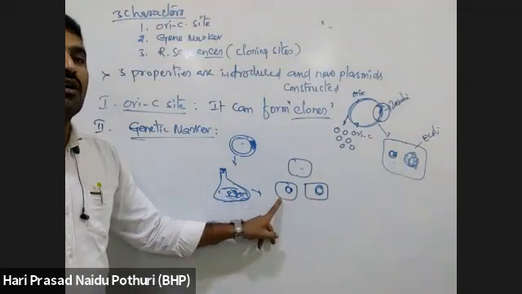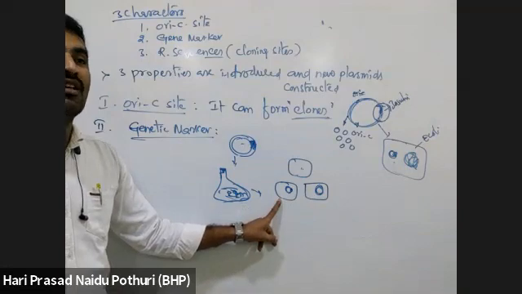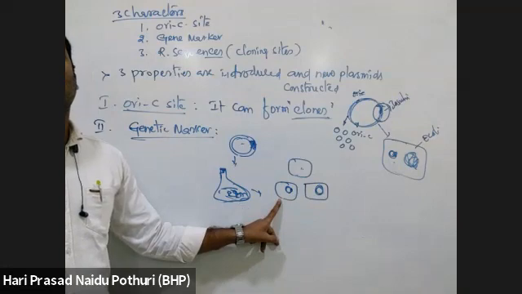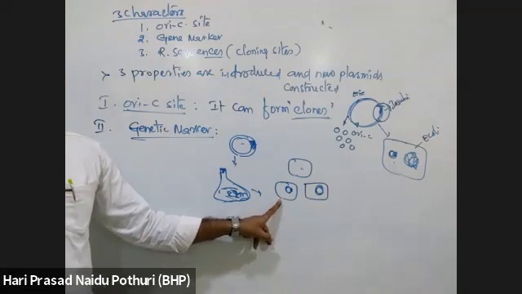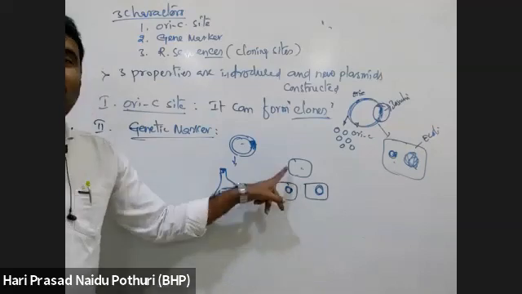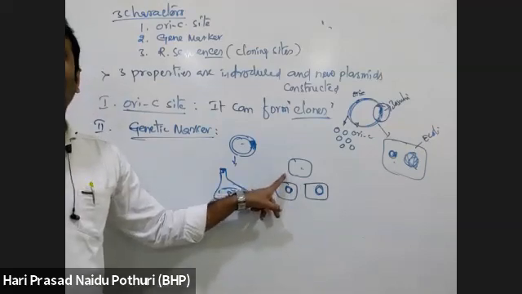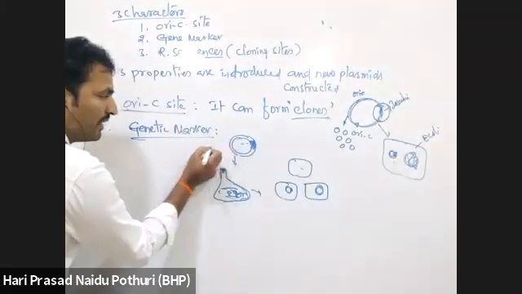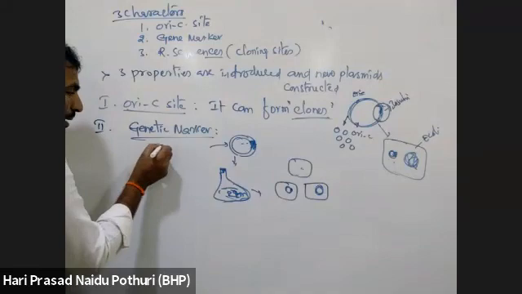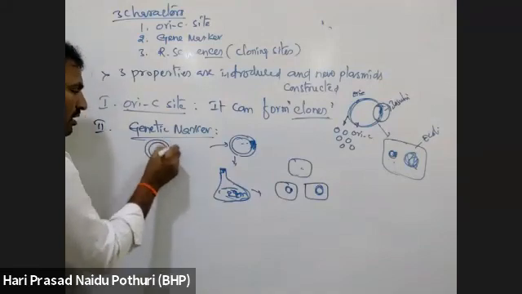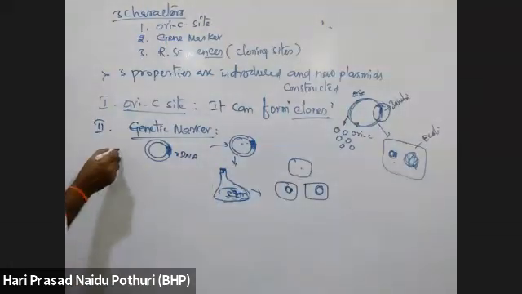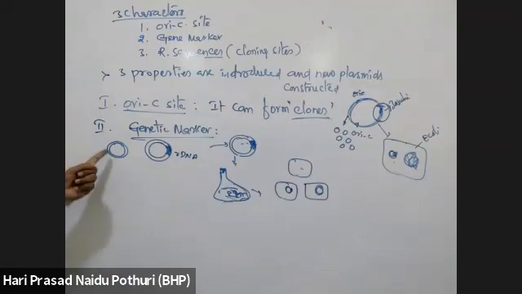Among the transformants, there are again recombinants and non-recombinants. What are recombinants and non-recombinants? Suppose when we are constructing rDNA, some plasmids got the desired gene and made into rDNA. Some plasmids may not take the desired gene. Only plasmid is there.